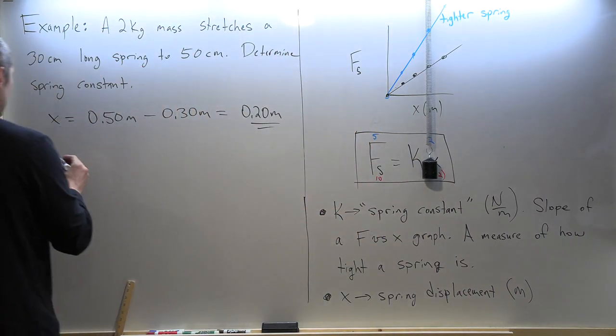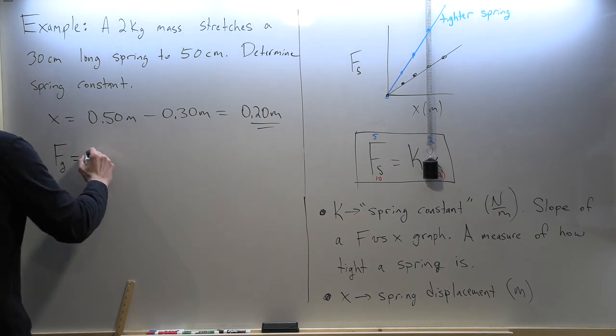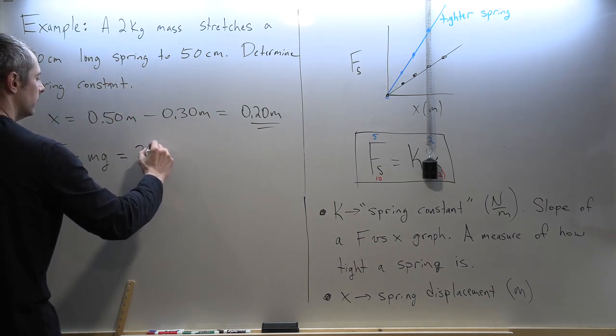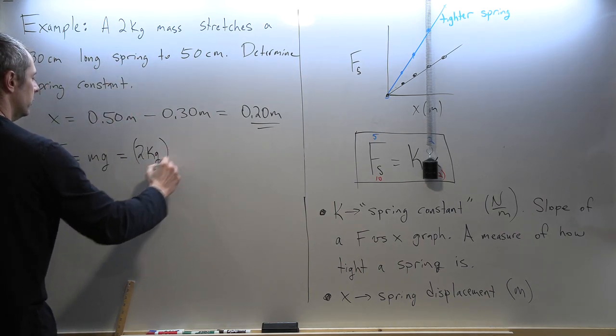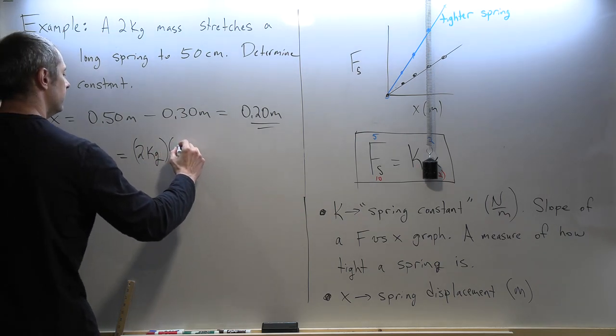So the earth pulling down, that's the force of gravity, and that's mg. That's 2 kilograms times g, which is 9.8.